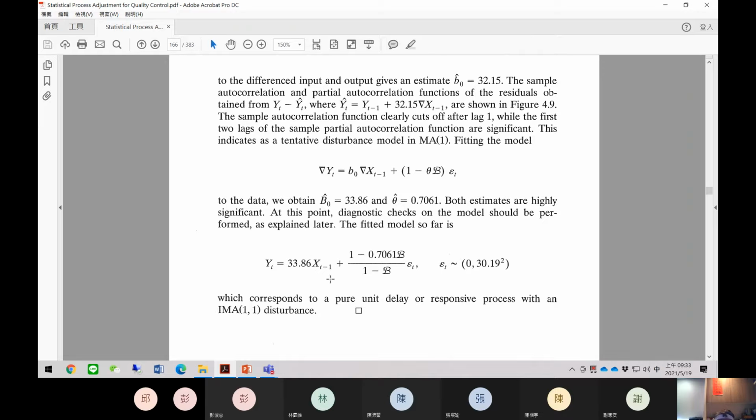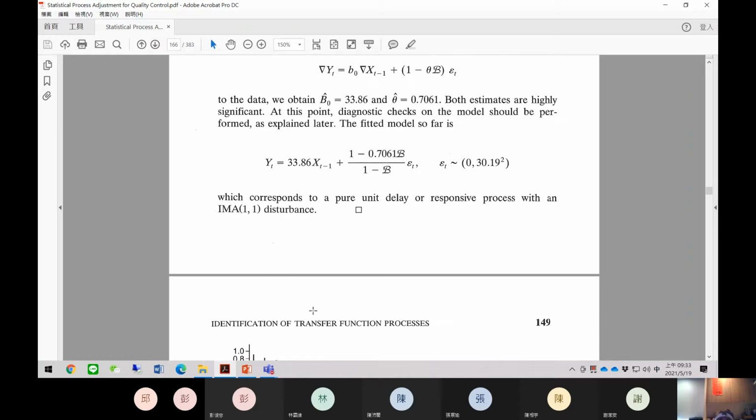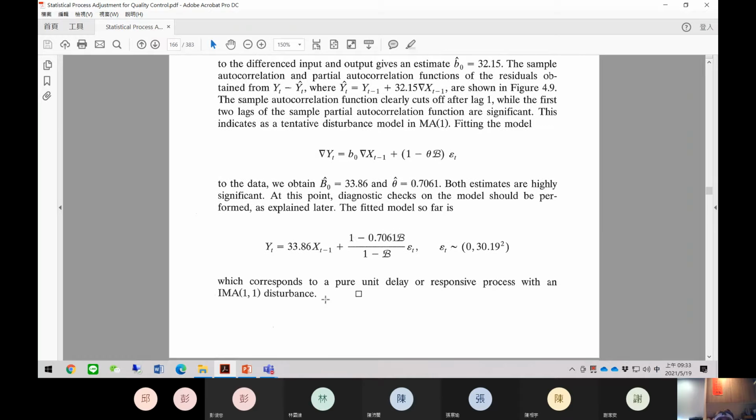So this is transfer function B equal to R, S equal to 1. Then this corresponds to the IMA, difference 1 time. So we difference 1 time, which corresponds to IMA, integrated moving average 1 disturbance. This is IMA disturbances.